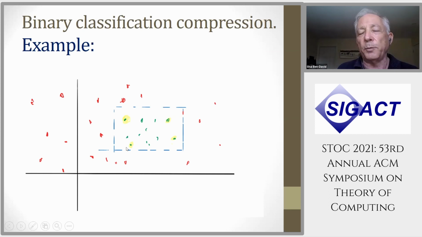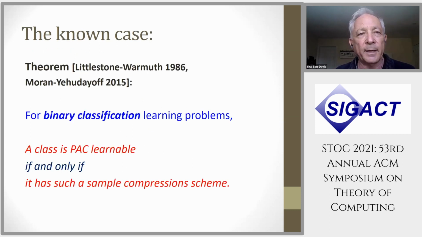If you just give these four points to someone else, they will be able to label the sample as well as if they had seen all of the labels. So that's called sample compression. And they showed that if you have compression of a class, then it's learnable. And 30 years later, Moran and Yehudayoff, who are co-authors of this paper, showed that this is also a necessary condition. So the existence of such a compression and PAC learnability are equivalent.